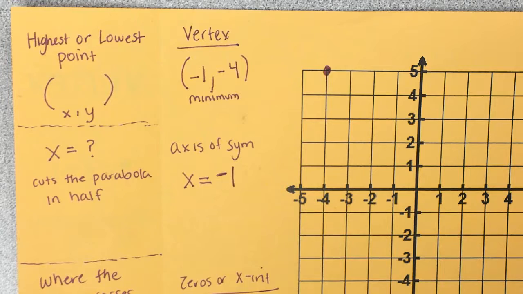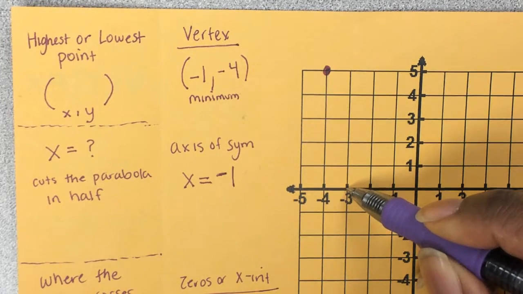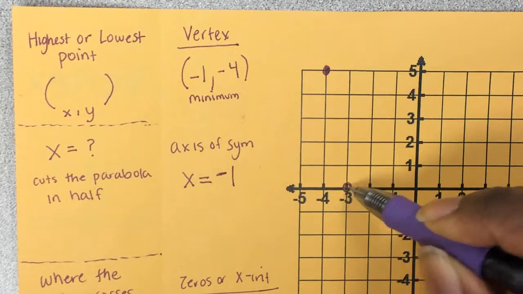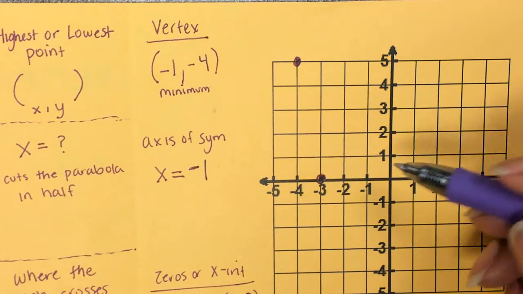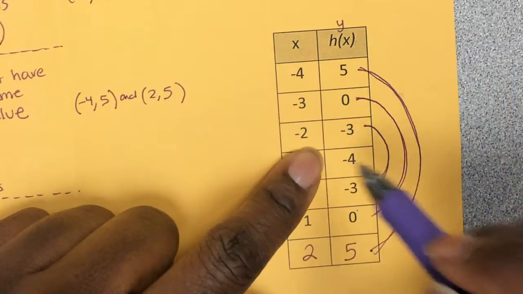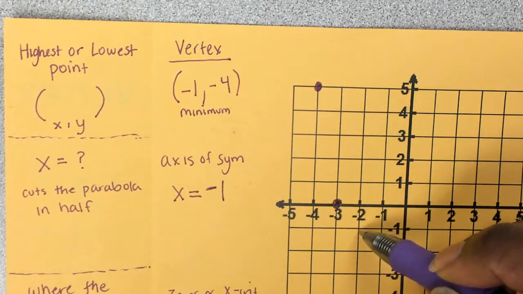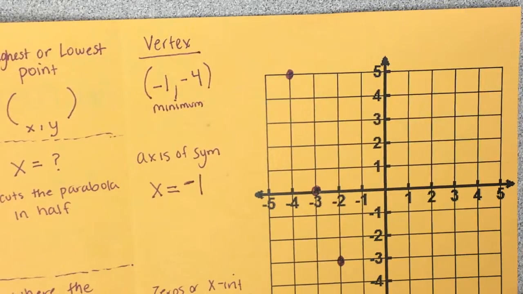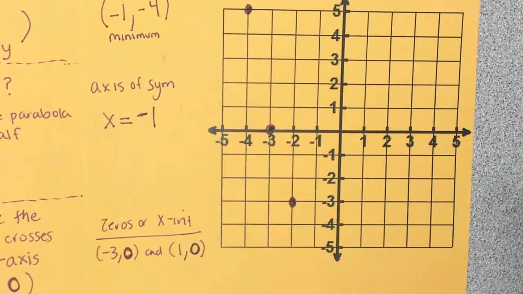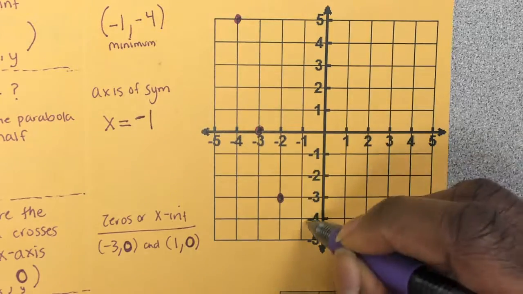The next one is -3, 0. 0 means don't go up or down. So -3 on the x, and don't go anywhere. Next one, I'm looking at this table: -2 and -3. There's my next point. Next point, -1, then -4. Good.